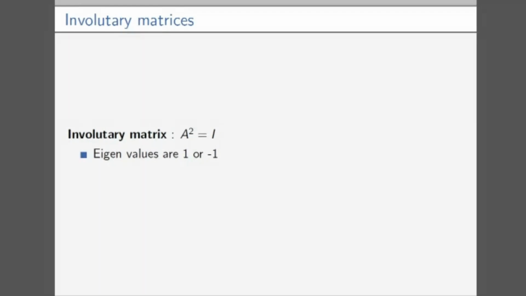Ma'am, please repeat A star. Which part? Hermitian matrix and all? Yes, ma'am. How do we define A star?